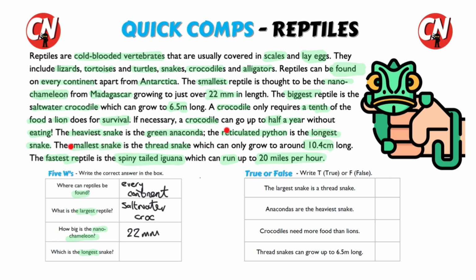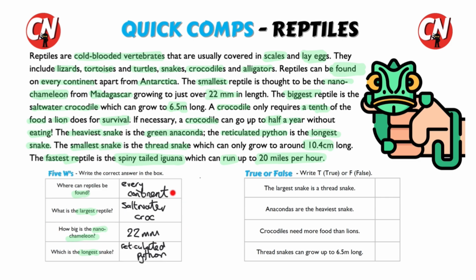So we've got to go back to the start of the sentence. Heaviest snake is the green anaconda. The reticulated python is the longest snake. So again, I'm going to write in reticulated python. Get my spellings right. Reticulated python. Okay, happy. And again, we're moving on.